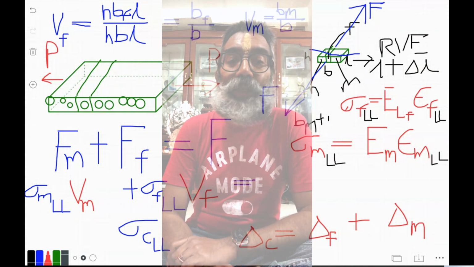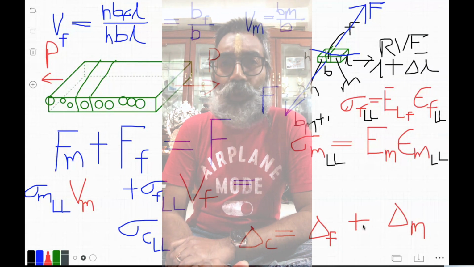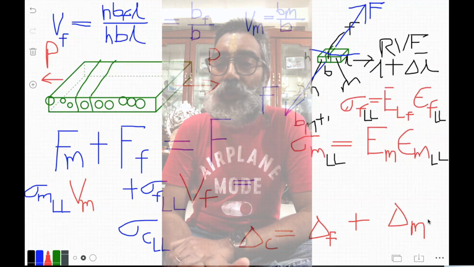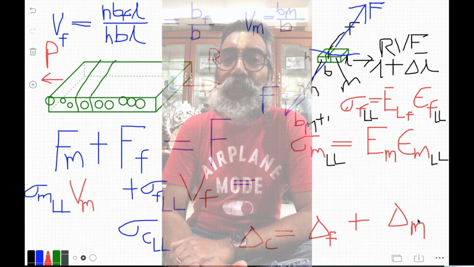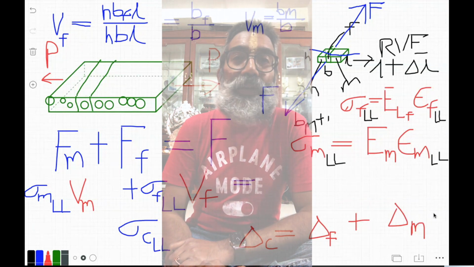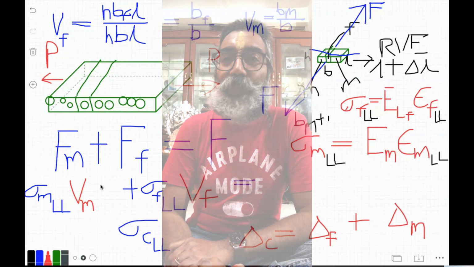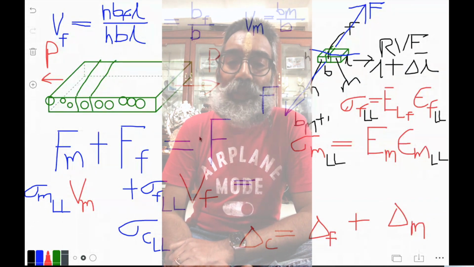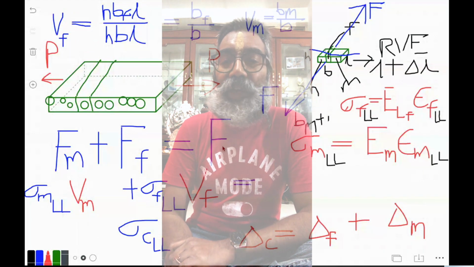But this is still valid, that whatever force you're applying has to be taken by the two materials that are involved, and whatever displacement is happening has to be encountered by those two materials, unless there is a fracture, unless there is a crack which is contributing an additional amount of displacement. We are talking of a healthy structure here, and in a healthy structure these are fairly valid things.